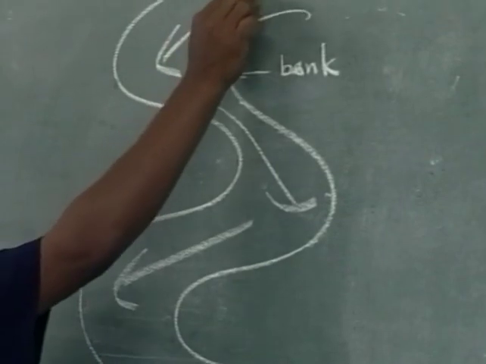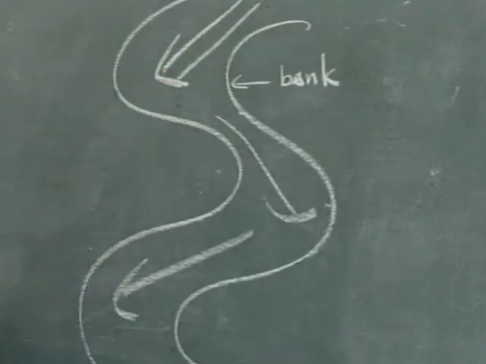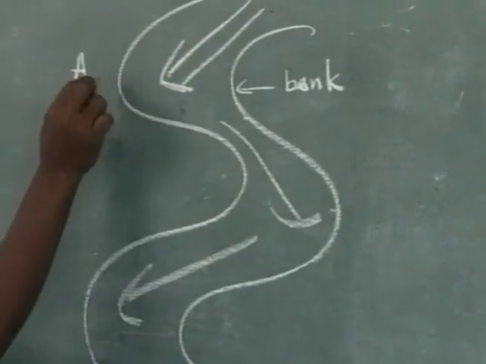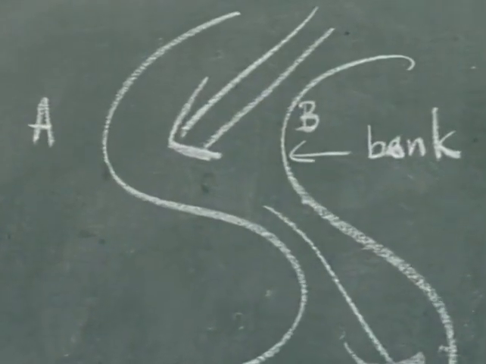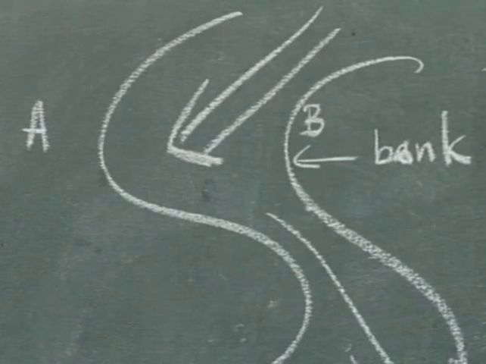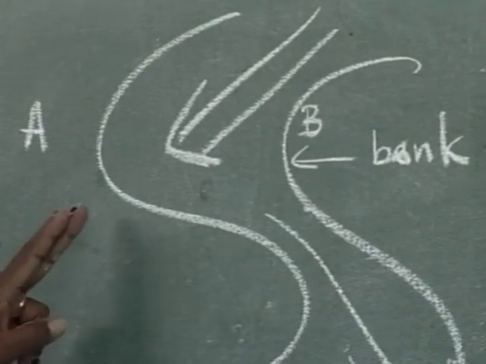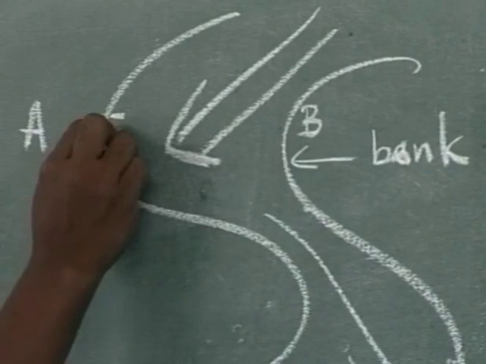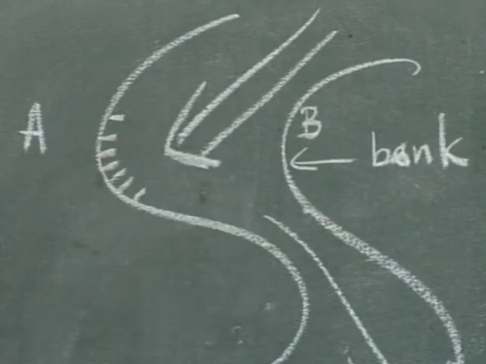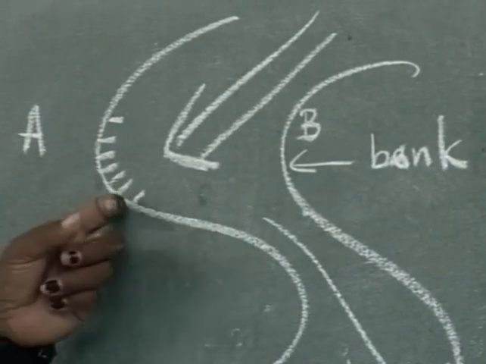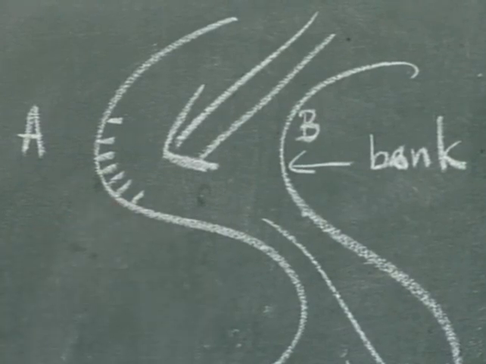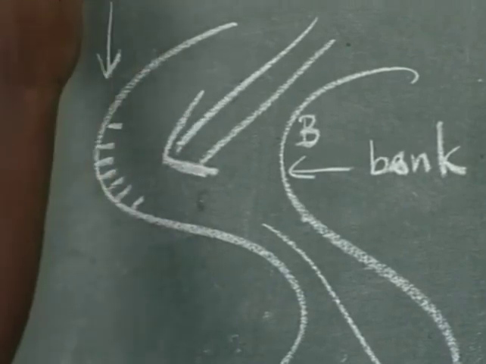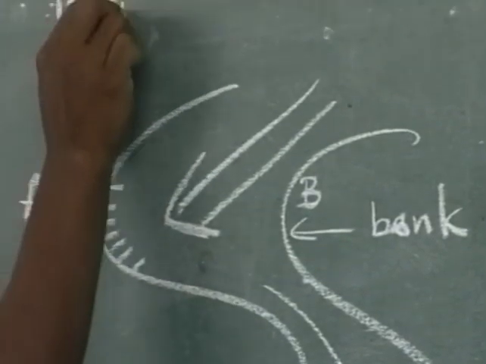See where the water is flowing. Which side, A or B, do you think the water will hit hard? A, obviously. And that's where erosion will be effective, on this particular side or bend, resulting then in river cliffs being formed.